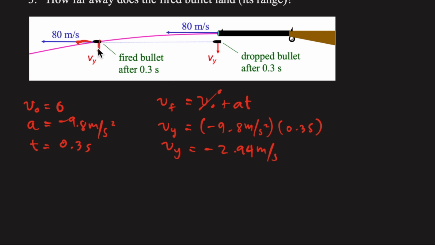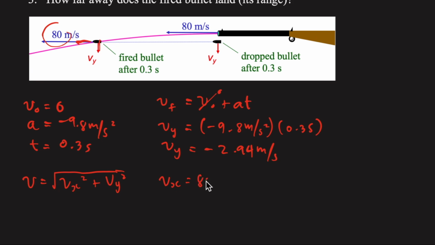Since we are concerned with the total velocity of the bullet that is fired after 0.3 seconds, not just the y component, we can calculate v using the Pythagorean theorem, since we're given its components: v is the square root of vx square plus vy square. We know that vx, the initial horizontal velocity, is 80 meters per second.